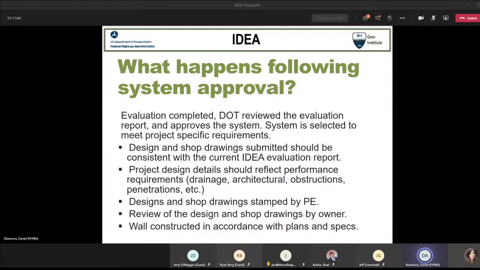And then the walls are constructed in accordance with the plans and specifications, referencing the shop drawings that were developed for the specific project with the specific details. And again, going back to what was in the IDEA evaluations or the evaluations that were used to approve the system for that state.